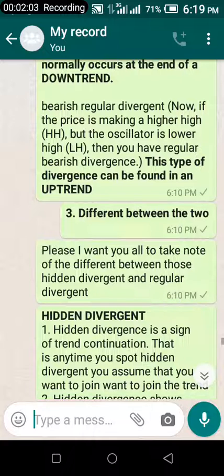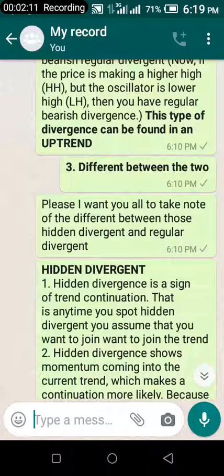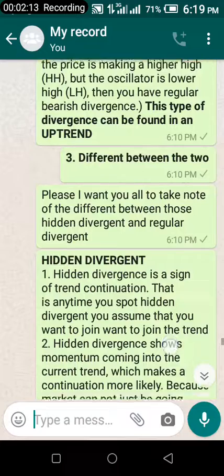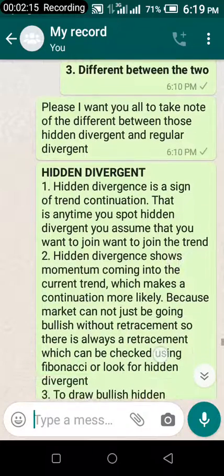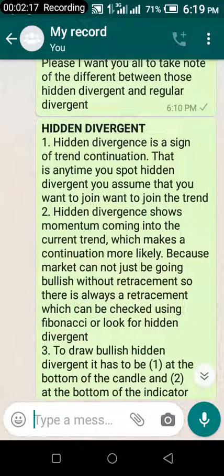So number 3, what are the difference between the two? As in the difference between the regular divergent and hidden divergent. So please, I want you to take note of the difference between those hidden divergent and regular divergent. Number 1, this for hidden divergent. Hidden divergent is a sign of trend continuation. I've said it in my video several times. When I'm talking of hidden divergent, it's a trend continuation, unlike regular divergent, which is a reversal.